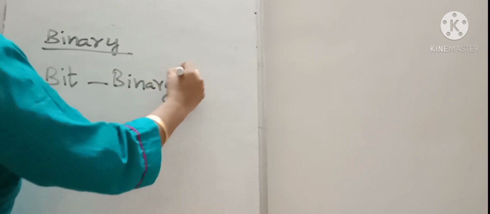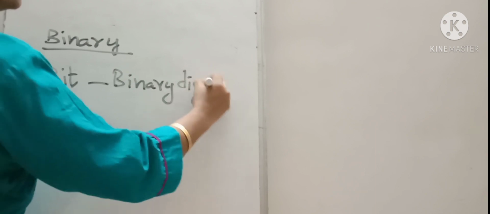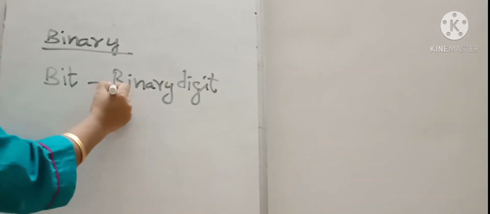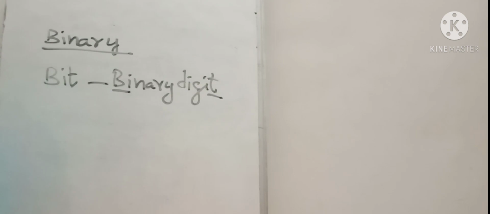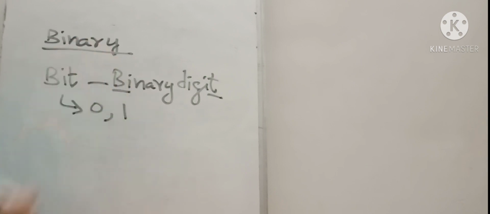We can see that it is binary digit. The expansion of bit is binary digit, and 0 and 1 are known as bits.